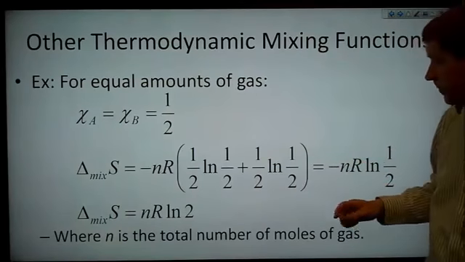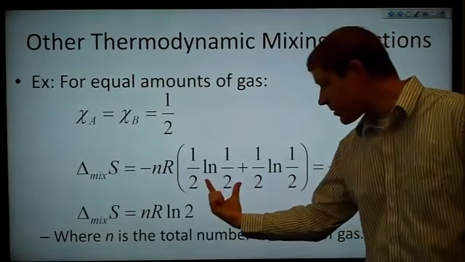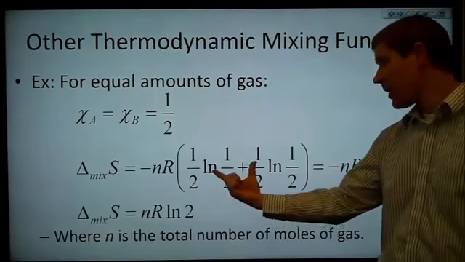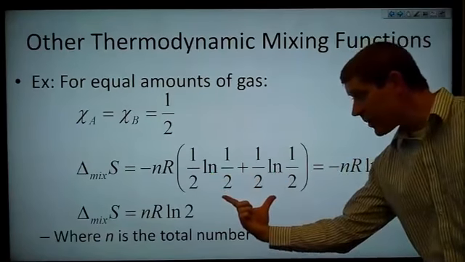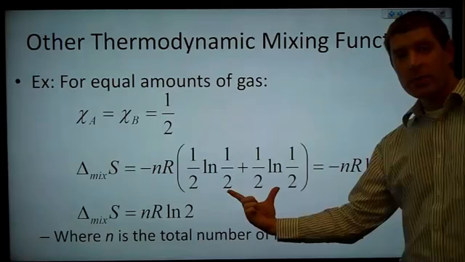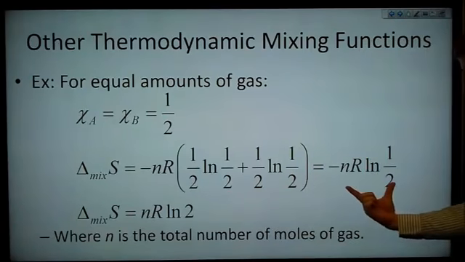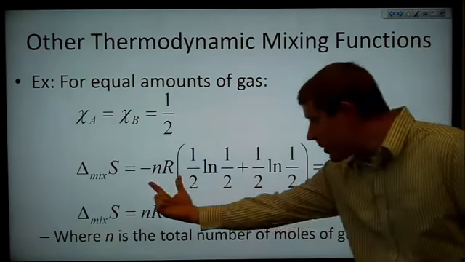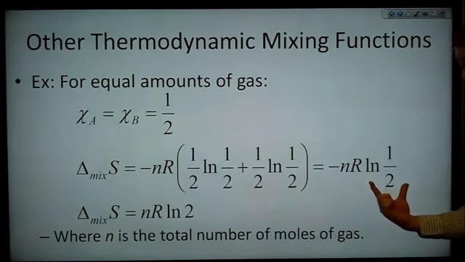So now we have 1/2 natural log of 1/2 plus another 1/2, so in parentheses we have 1 times the natural log of 1/2. So we still have our minus NR times the natural log of 1/2.